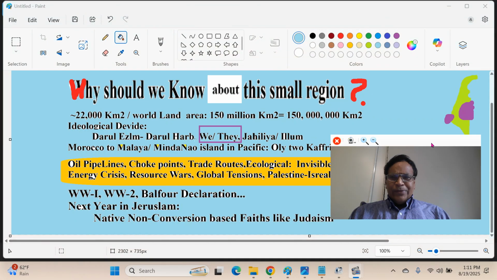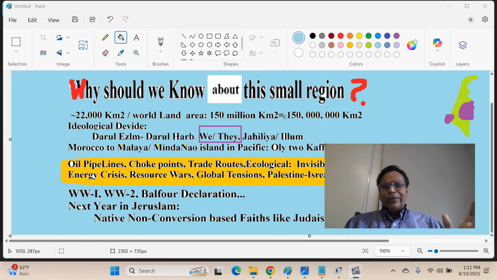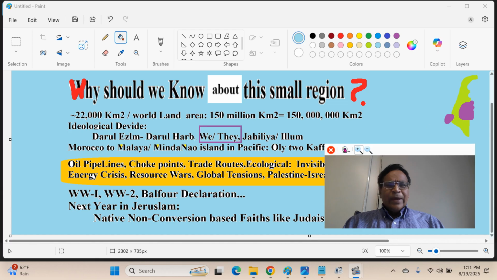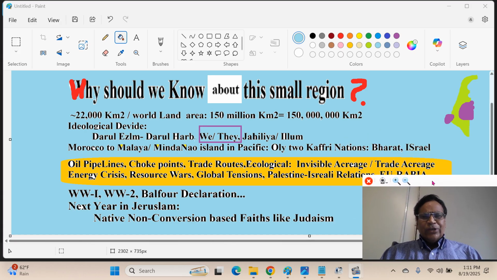Even though this is a very small area, around 22,000 square kilometers or so, compared to 150 million square kilometers of land on the planet Earth, this is the British Mandatory Palestine, Israel, and East Bank, Gaza, also near the choke points like Bab el-Mandeb and the Egyptian Suez Canal, Strait of Hormuz. So it's very important to understand this region. So I am bringing a deeper understanding of that.